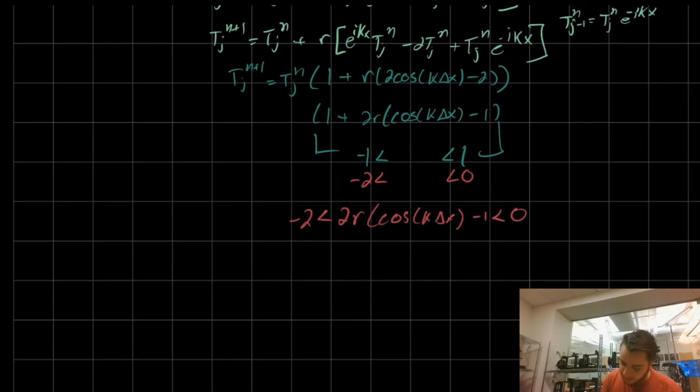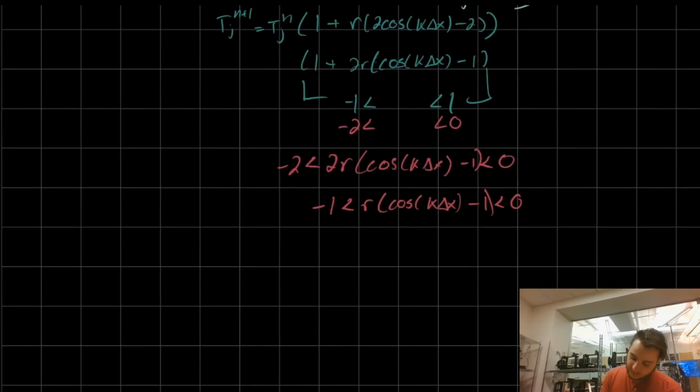Divide by 2 on both sides, we get negative 1 less than r times cosine of k delta x minus 1, less than 0. And now we have to look at this part.